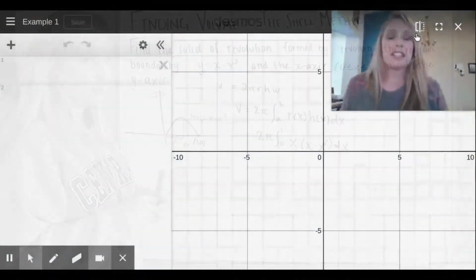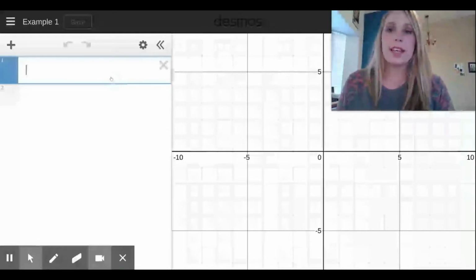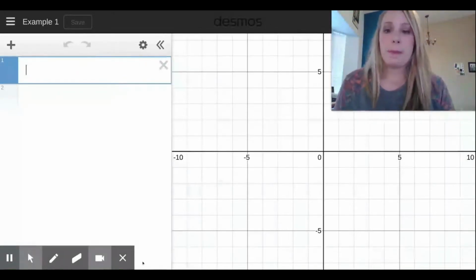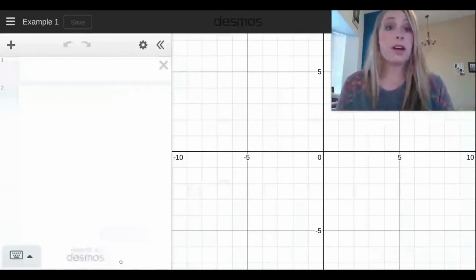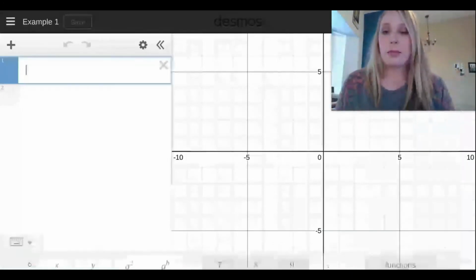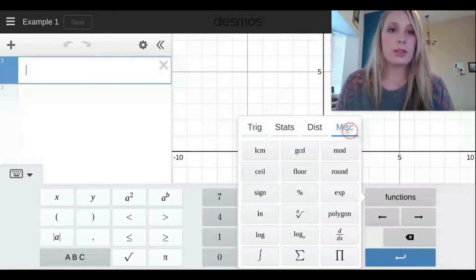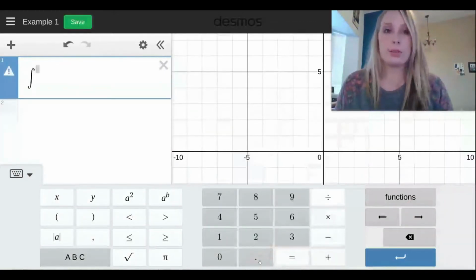You probably noticed already, Desmos is my favorite way to do calculations. And you also probably have noticed I'm not very good at technology and the recording the screen thing. So here we go. I'm going to click on functions, go into miscellaneous, and click the integral symbol.